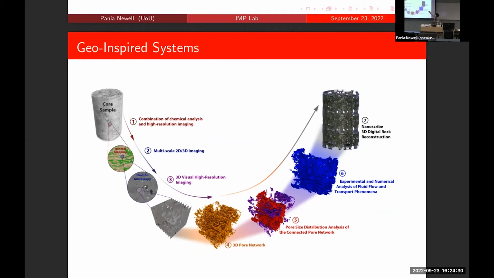So they are starting with, for example, a piece of rock that you get, you do the mapping, you do all the chemical analysis, you do high resolution imaging, and I'll come back to all of this and talk about the importance of computational mechanics and sciences in these processes.